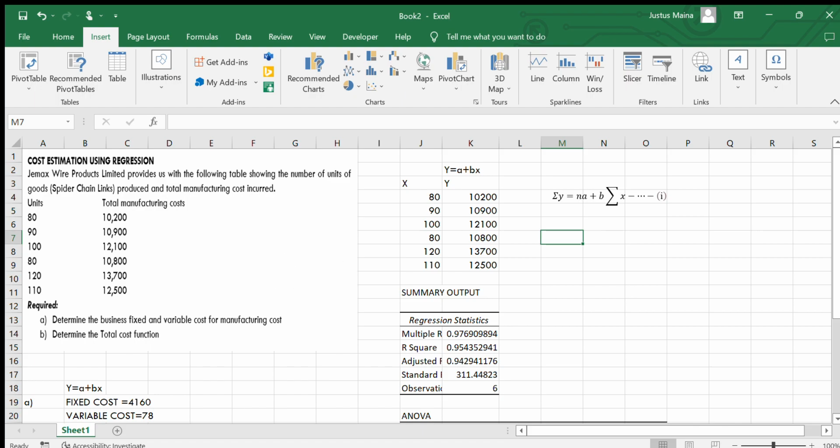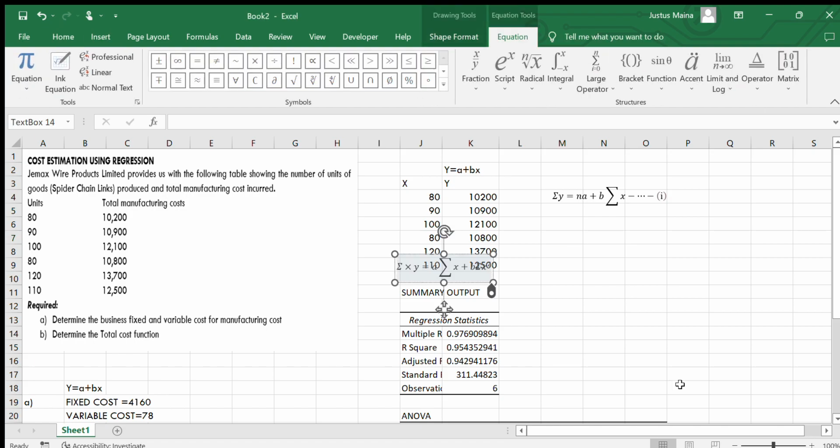Summation of xy is equal to a summation of x plus b summation of x squared. So that is what we have as the equation there, and we call it equation 2.